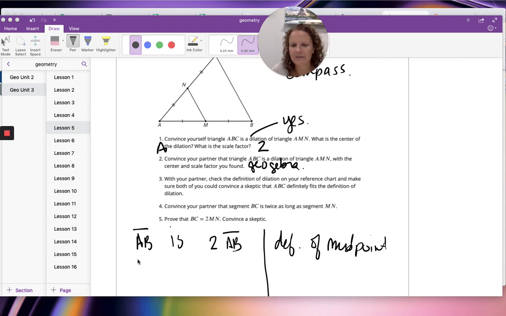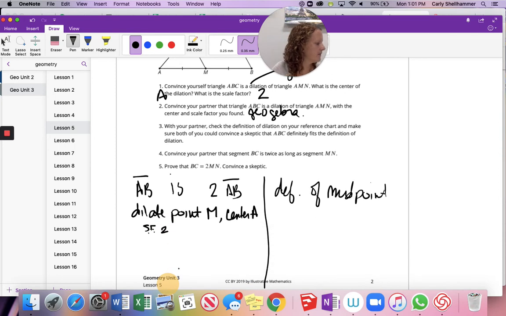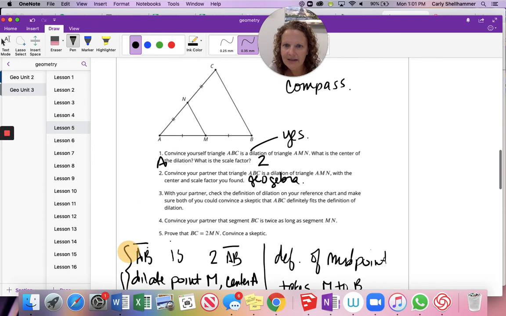So when we dilate point M using center A and a scale factor of 2, it takes M to B. Yep. And I can do the same argument for AC.